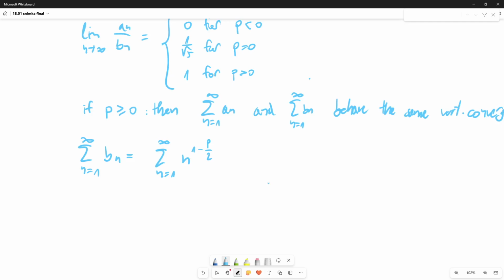And now we can use the integral criterion for convergence.